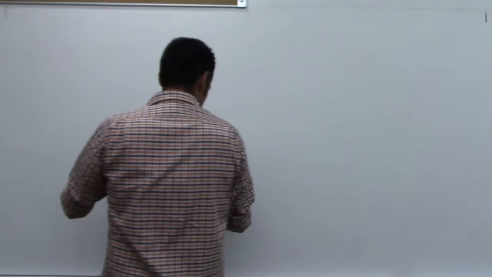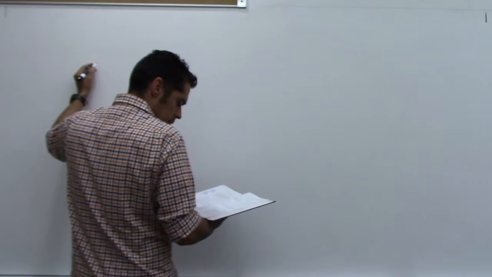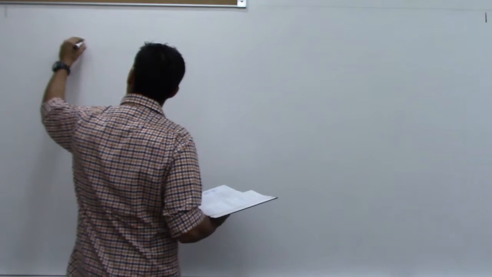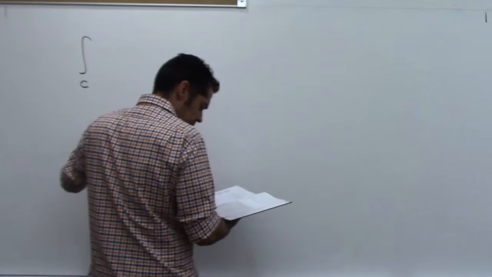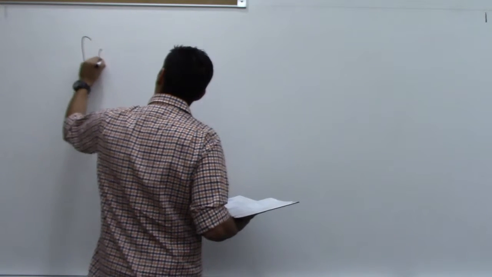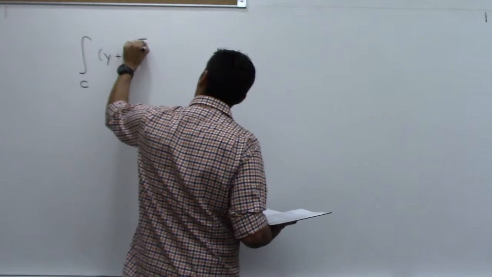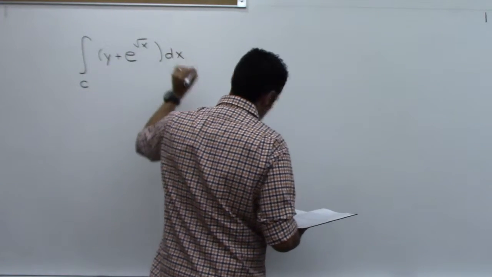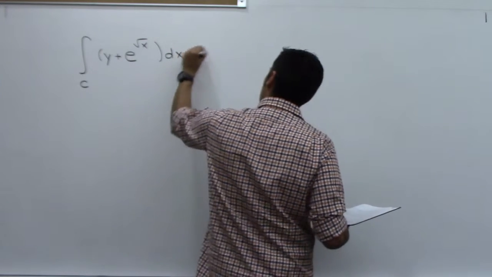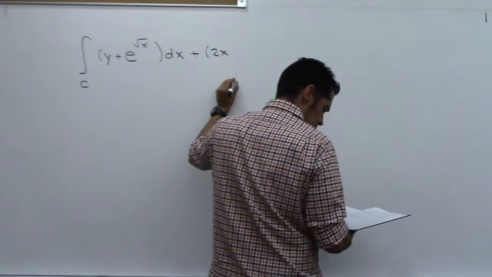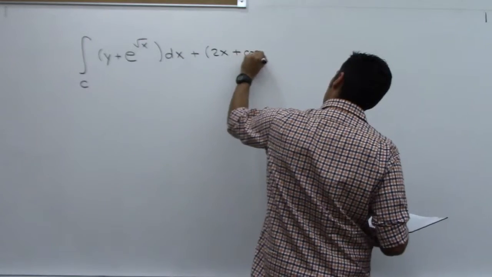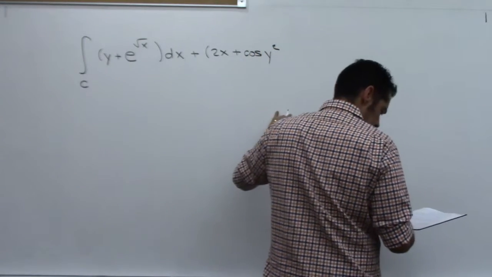Number 7, we have the line integral over C of (y + e^(√x)) dx + (2x + cos(y²)) dy.